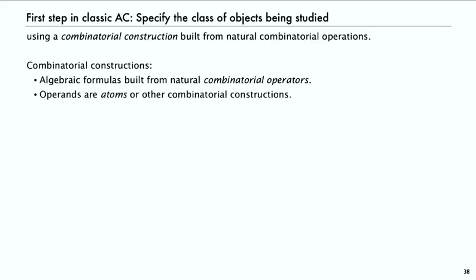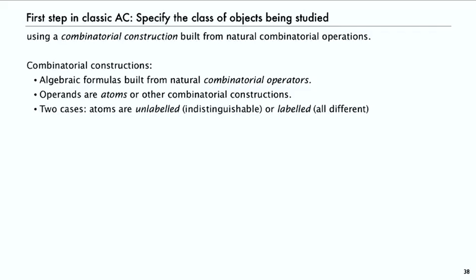The operands are either atoms, the basic building blocks like nodes in the binary tree, or they could be other constructions or classes. There are two cases that I won't get into in much detail in this talk: either the atoms are unlabeled, with no difference between them, or they're all different, they're labeled.